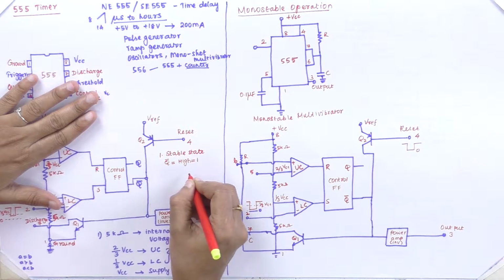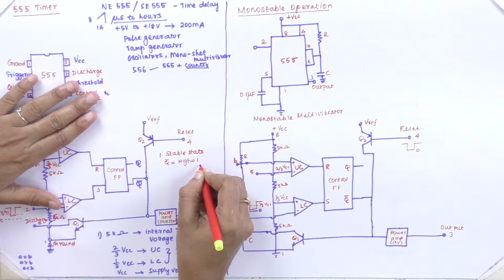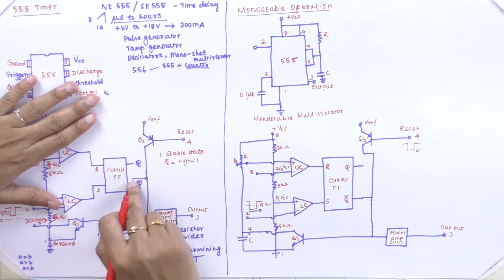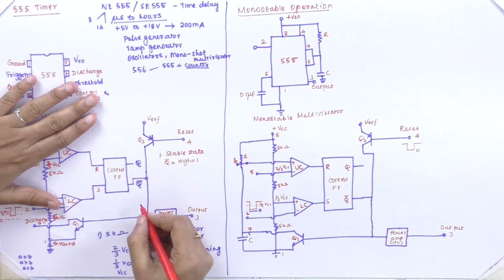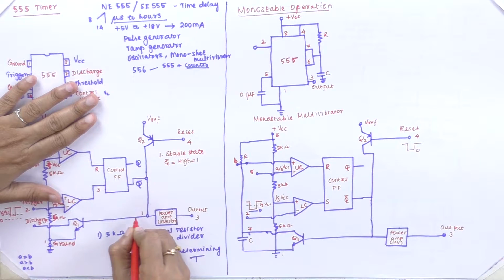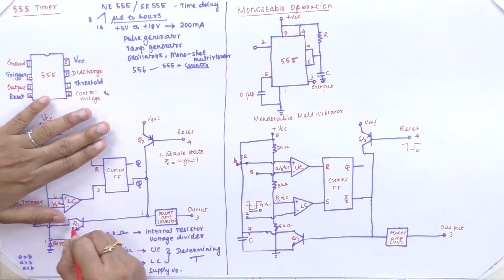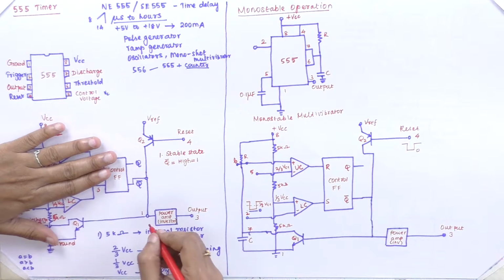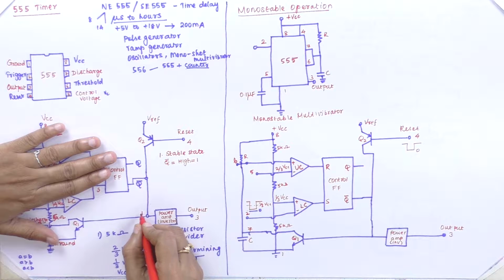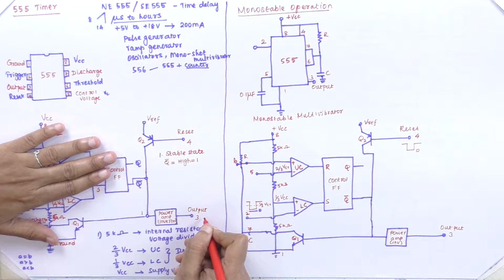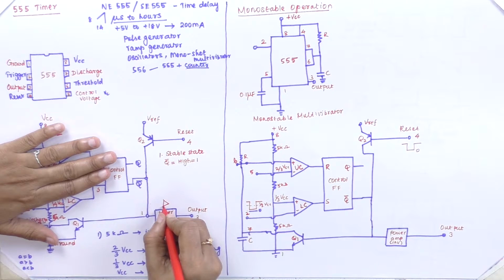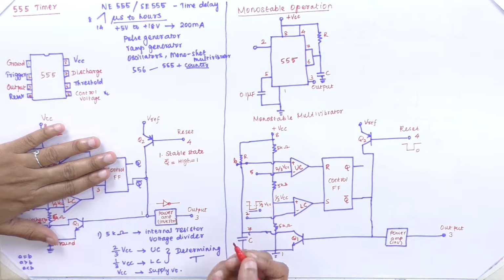In the stable state, Q bar as 1 is given here to the Q1 transistor. Now we are going to consider only the output part. So my input is 1. What will be the output? This acts as a NOT gate, with a bubble.